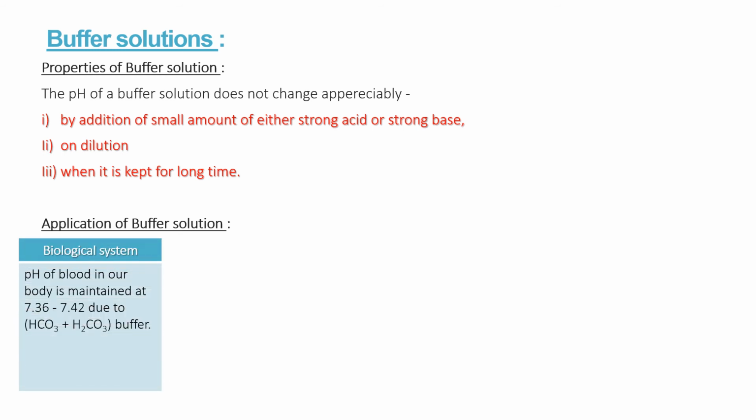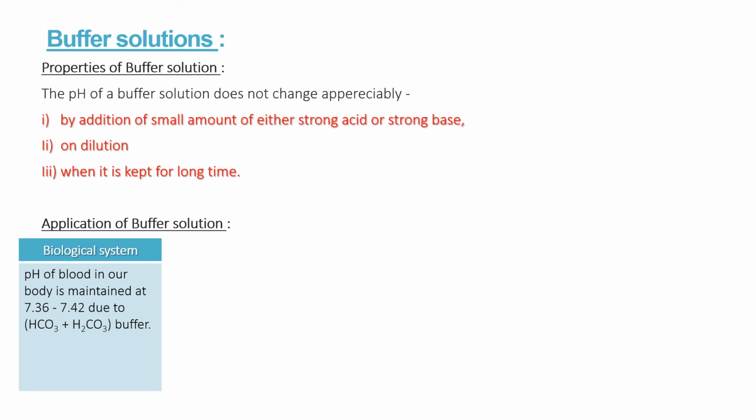Now applications of buffer solution. See, first, biological application. The pH of the blood in our body is maintained between 7.36 and 7.42. Now this is due to what? This is due to the carbonate ion and carbonic acid buffer, meaning an acidic buffer only.